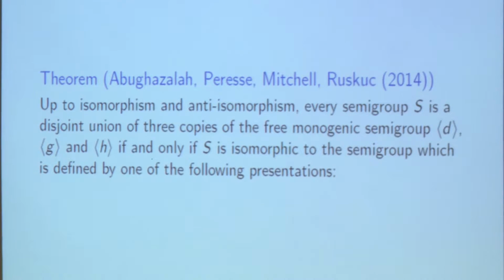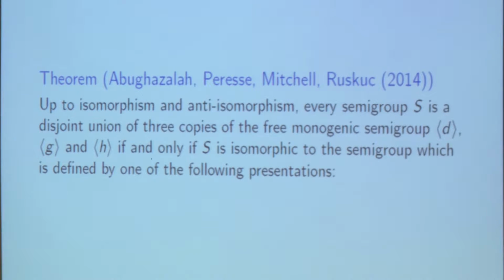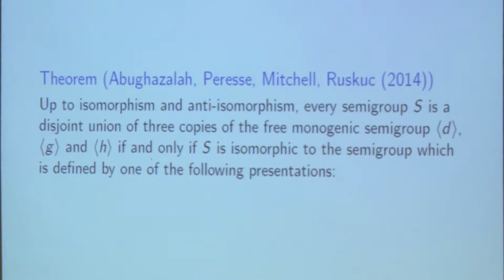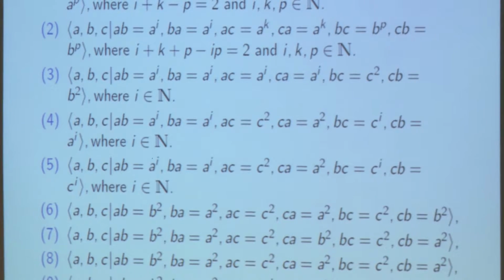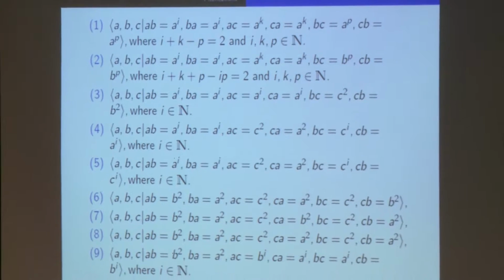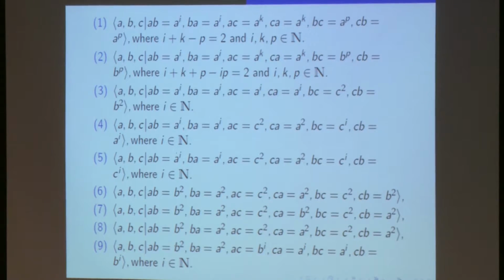Up to isomorphism and anti-isomorphism, every semigroup S is a disjoint union of three copies of the free monogenic semigroup if and only if it's isomorphic to the semigroup defined by one of the following presentations, and we have here 9 presentations. Now, when I mention that there are 9 presentations, it doesn't mean there are 9 semigroups.